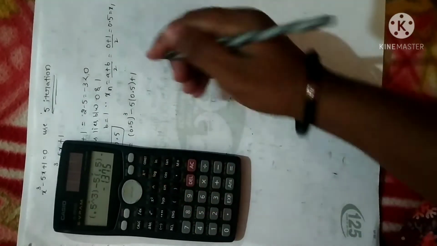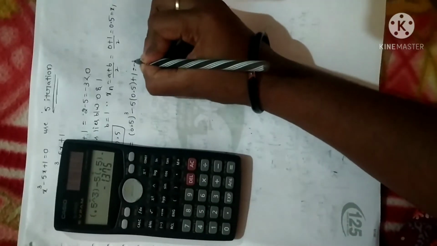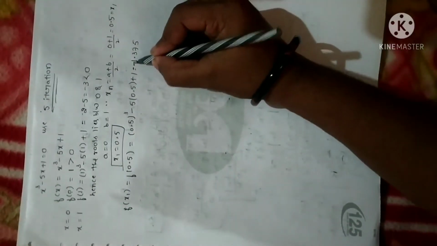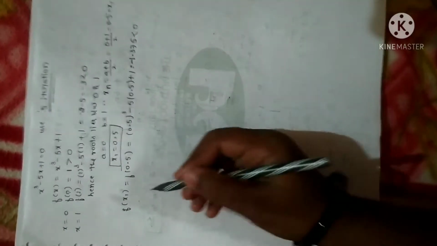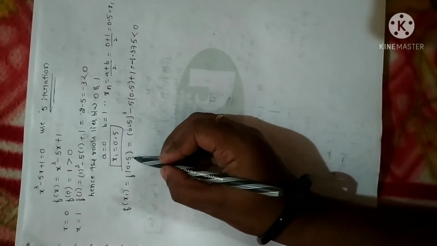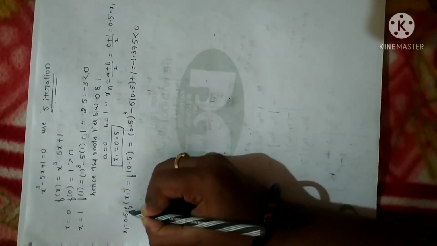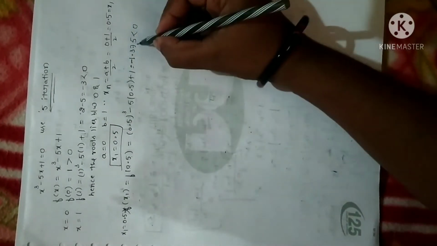So in a single line I have obtained the answer as minus 1.375. Anyhow we are not interested in the value obtained, but we are interested in the sign. So I have obtained a negative value for x1, that is 0.5.